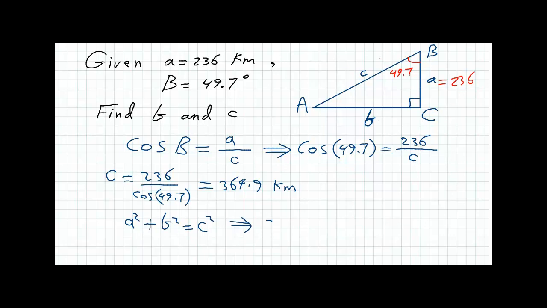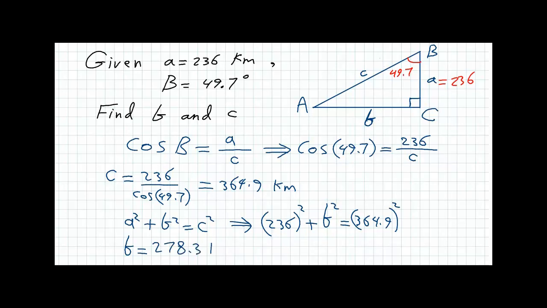Substituting, 236 squared plus b squared, which is unknown, equals 364.9 squared. Solving this, you will have that b is equal to 278.3 kilometers.